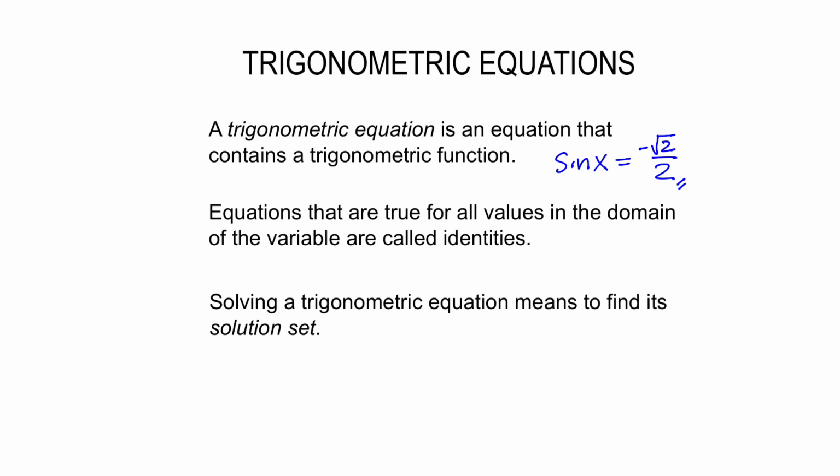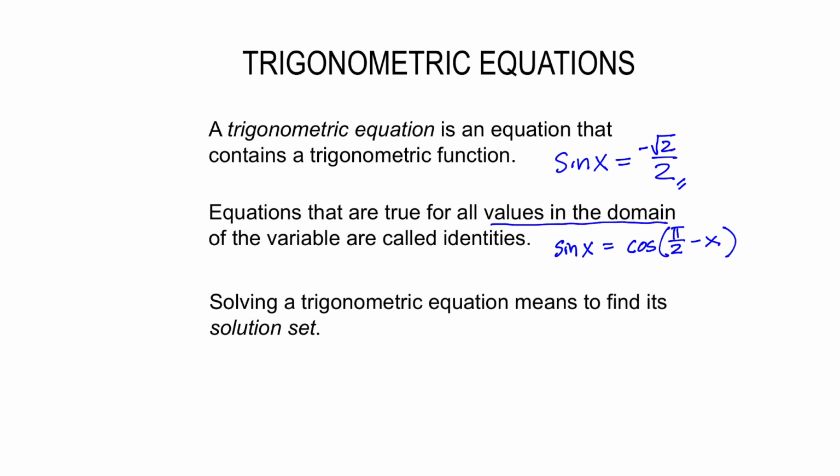Equations that are true for all values in the domain of the variable are called identities. We looked at those in Chapter 5. For example, we saw that sine of x is equal to the cosine of pi over 2 minus x. So here we have a statement involving an equal sign that is true for every value of x, all the values in the domain.